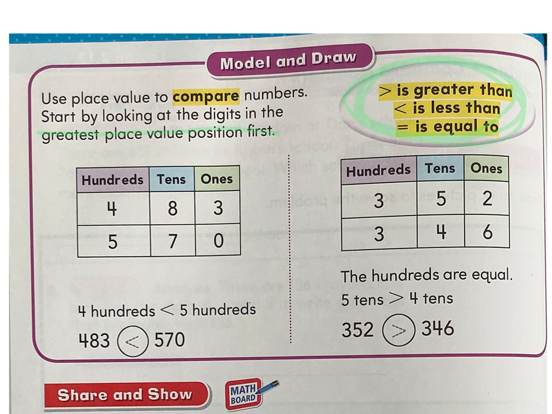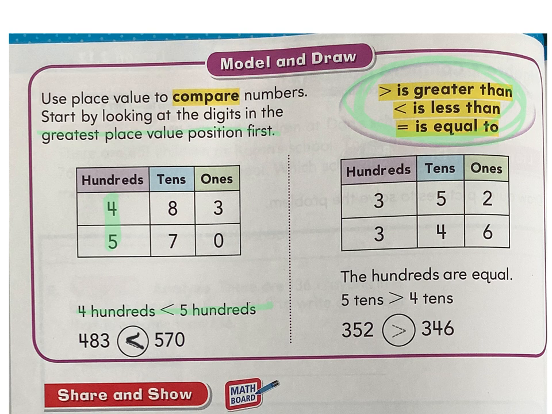So for this first example, we look at the hundreds place first. We can already see that that bottom number has 1 extra 100. So we can see that right here. 400s is less than 500s. So that means that 483 is less than 570.